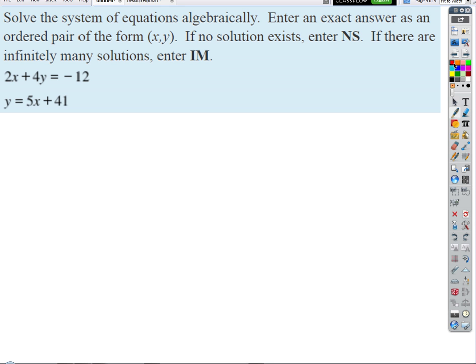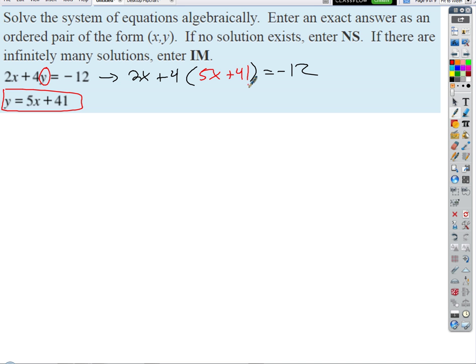So we'll put a box around the substitution equation, and we're going to substitute for y in the top equation, right? So what's that top equation become then? We get 2x plus 4 times, open a set of parentheses, because if we're substituting for y, we're going to have to plug something in for y. So just open up a quantity there to plug it in. Equals -12. And what goes in there?